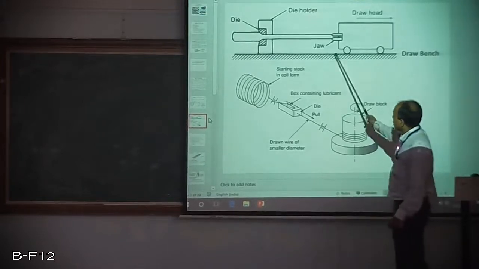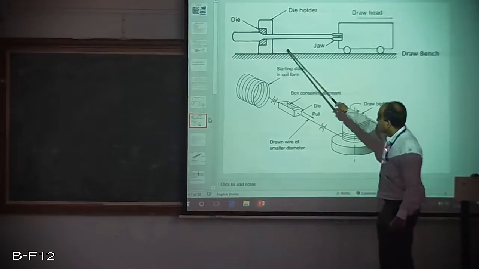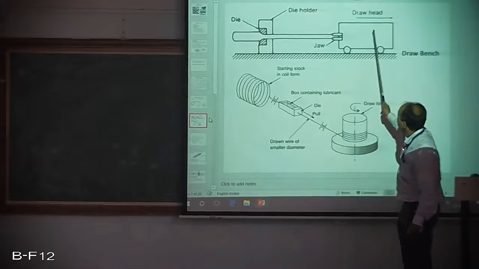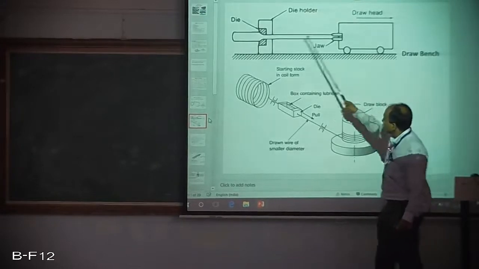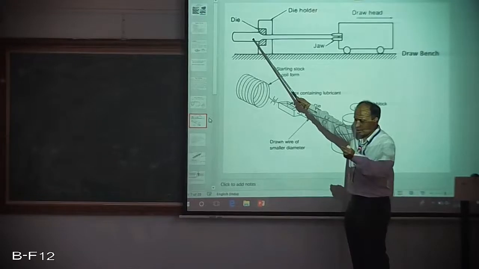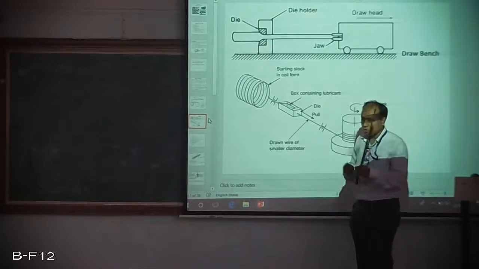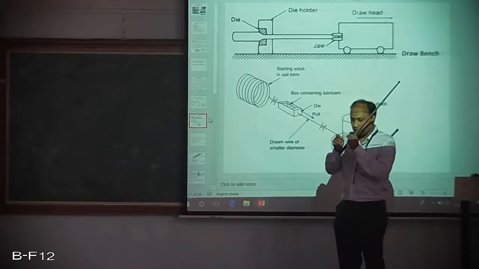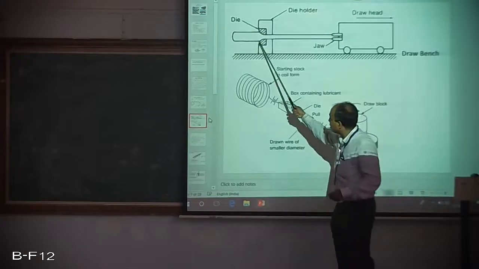So what is the mechanism involved over here? As usual, the die arrangement is there in that particular die set. I am having a draw head. The stock is there, and it is pointed initially, just like when you want to put a thread into a needle, you first point it. So pointing is done here for the stock.